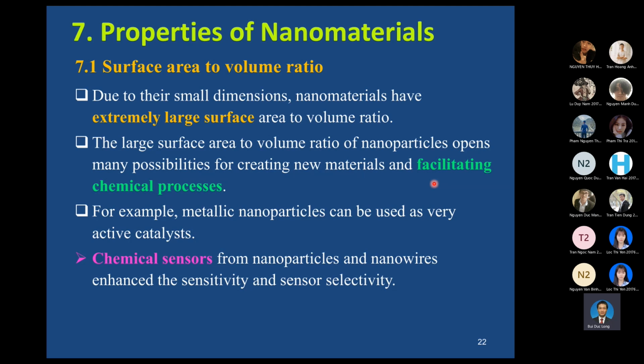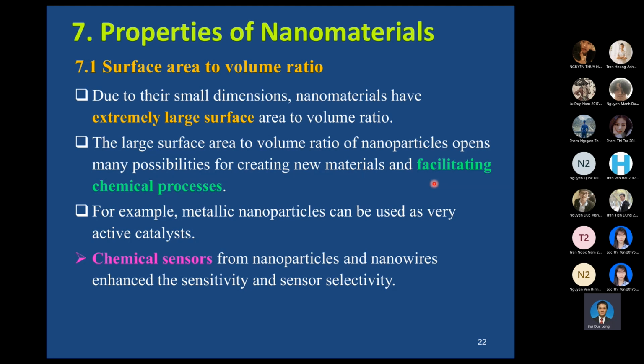You know that for any reaction to happen, the particles have to be in contact. On the surface they have many free atoms, so it is easier for a chemical reaction to happen when they are in contact with each other.